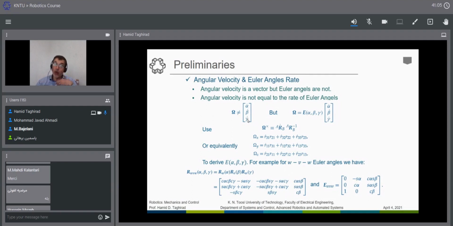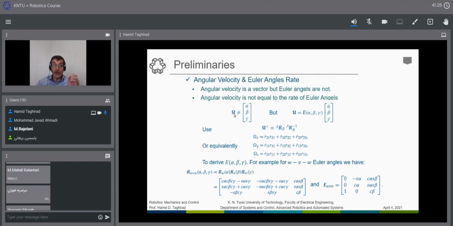And in many old papers and in many issues, we can find this mistake, that they use these Euler angle rates as the angular velocity. But this is not true.